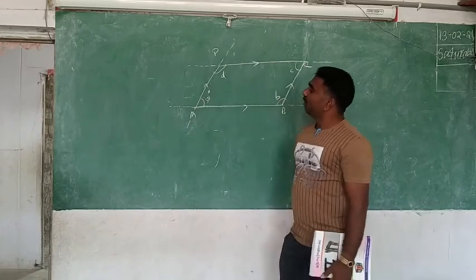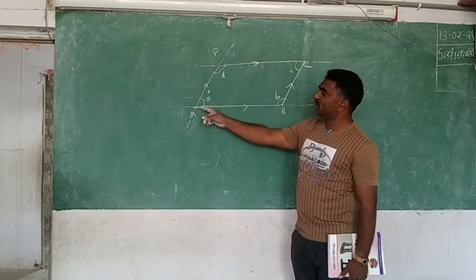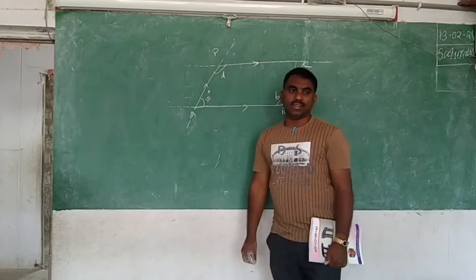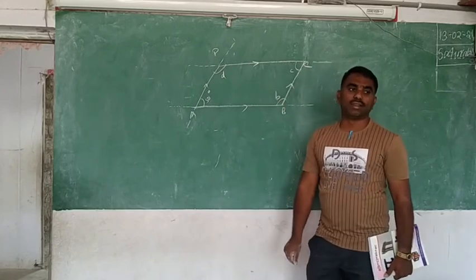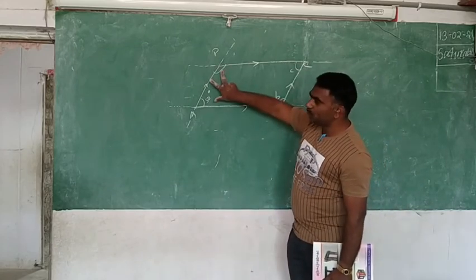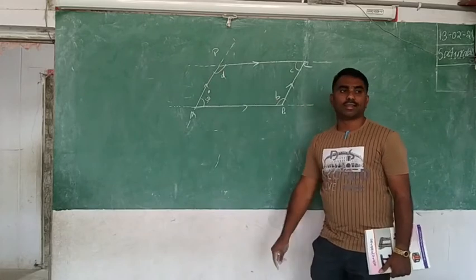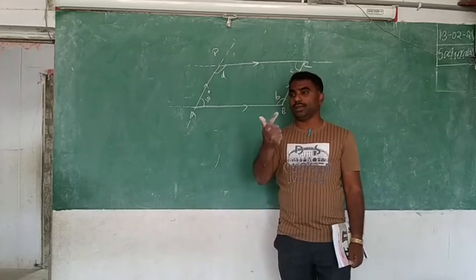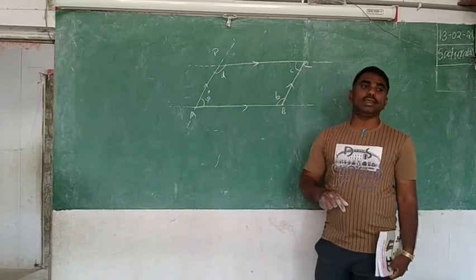So this is one. Now you can see here, this is a transversal. Lines are looking to you, angles are looking to you. In that, one is known and one is unknown. How are these two angles? Same side angles, both interior. Interior or exterior? Interior, same side.